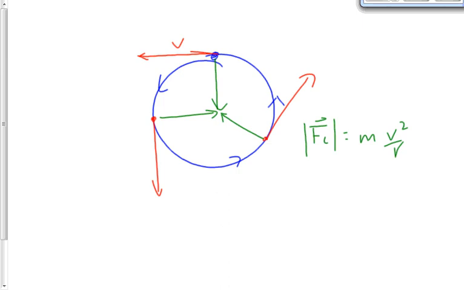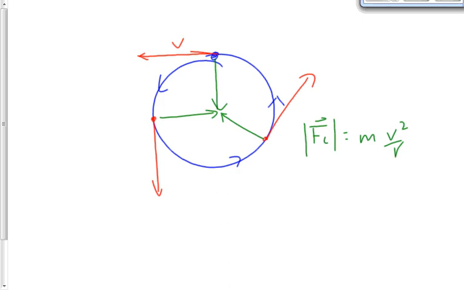In the case of the electron, if you know anything about atomic physics from chemistry class or from Science 10, the electron orbits around the nucleus, right? The centripetal force is caused by an electric force. In the case of a car going around a turn, the centripetal force is caused by friction. Good.